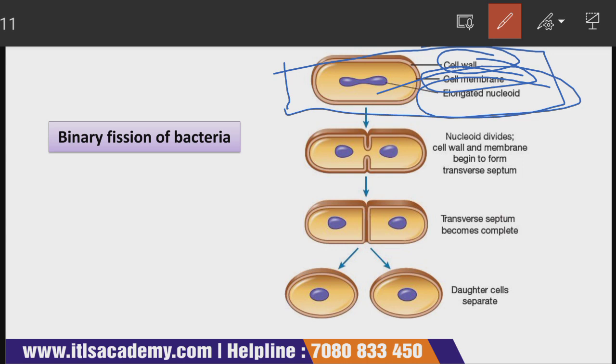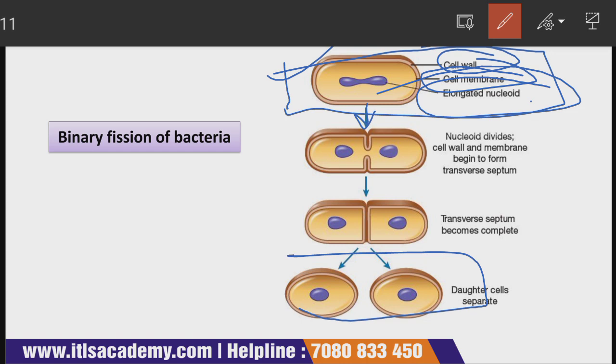It is dividing the cell wall and the membrane. Can you see this? Here it is dividing itself and forming two separate daughter cells. Always bacteria divide into two forms, that is two daughter cells, and both daughter cells are of identical shape, size and structure.